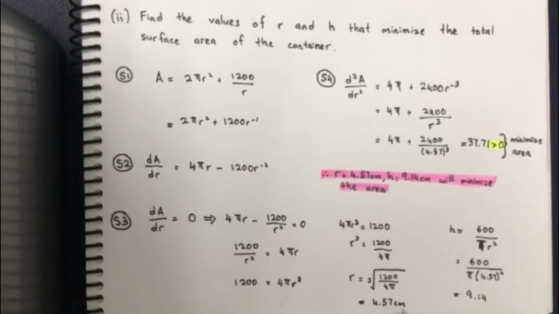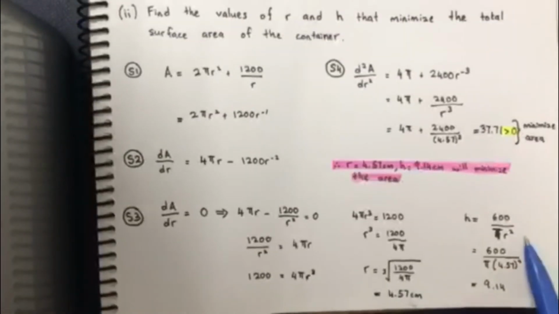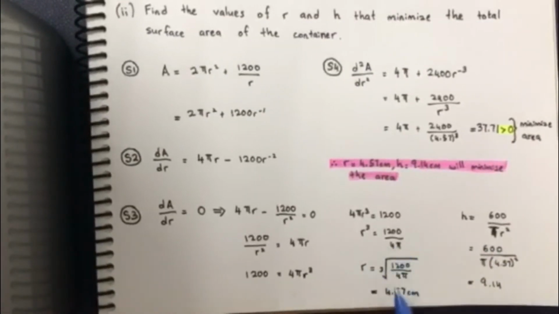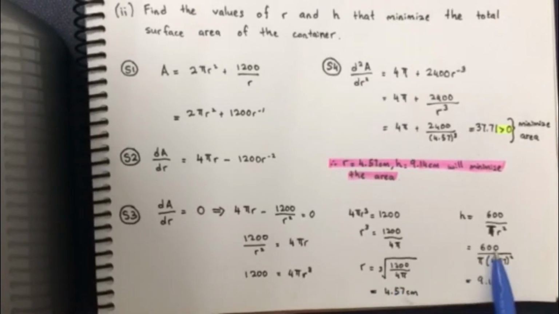So r equals 4.57 cm. From the value of r, we can find the value of h.